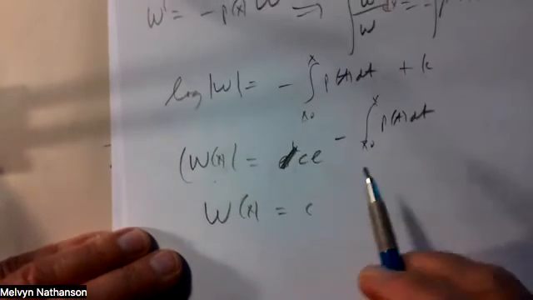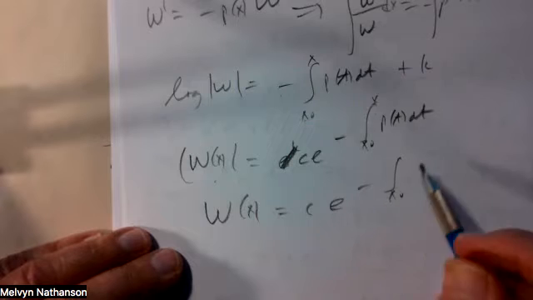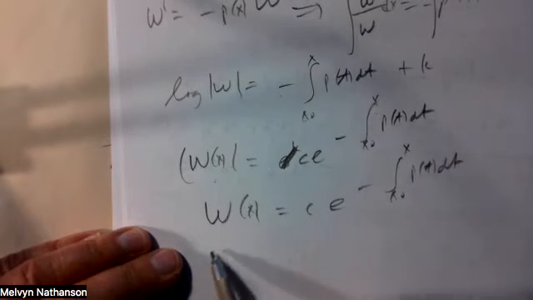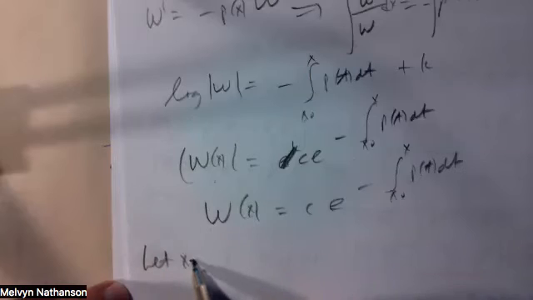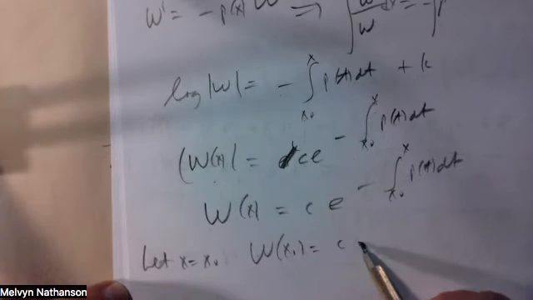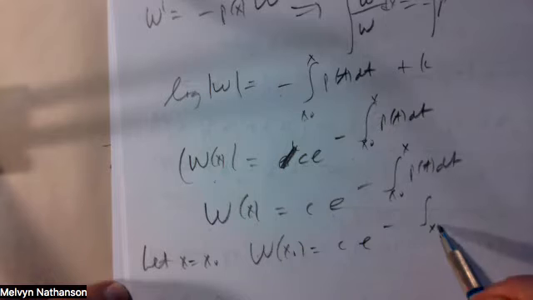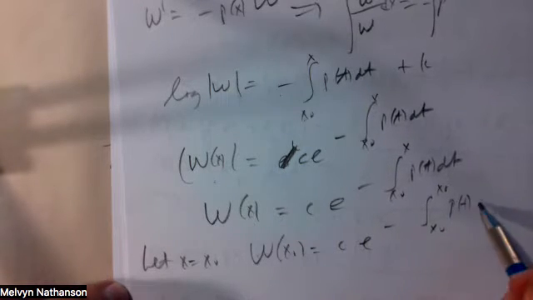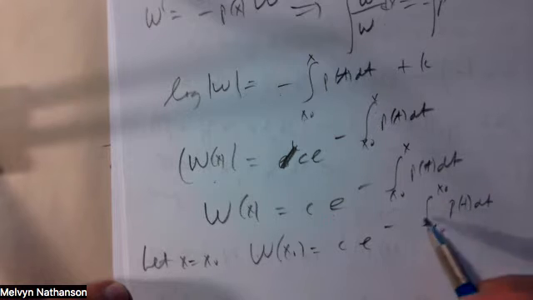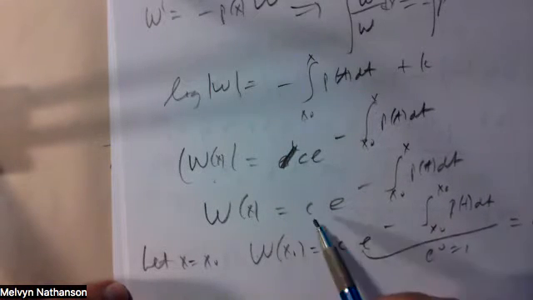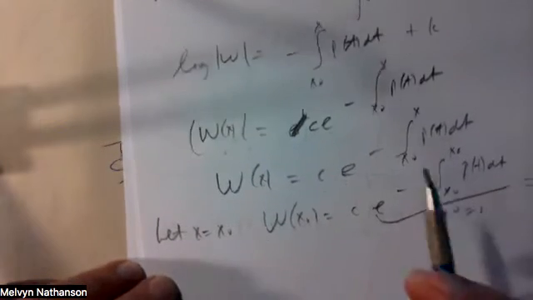So W of x is c e to the minus integral from x naught to x of p of t dt. If you evaluate this at x equal to x naught, W of x naught is c e to the minus the integral from x naught to x naught of p of t dt. An integral from a point to itself is 0. So this is e to the 0, or 1. So this is c. So my constant is W of x naught.